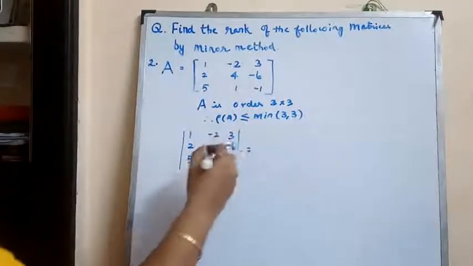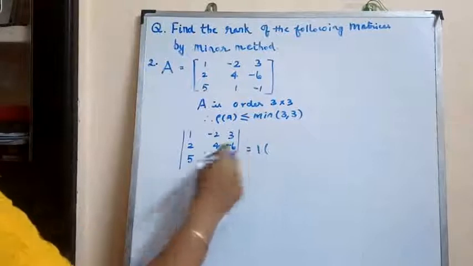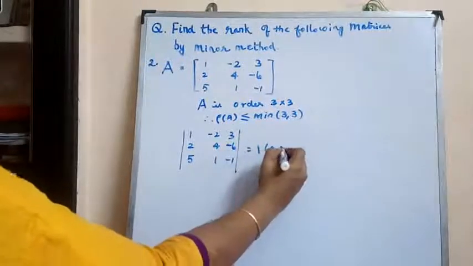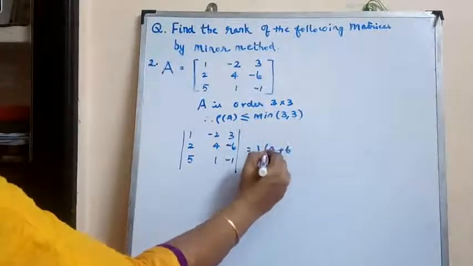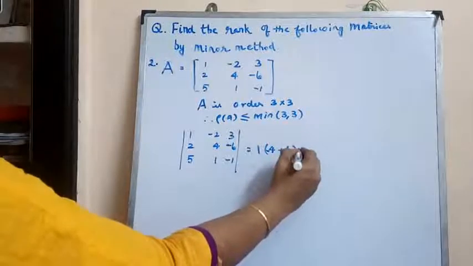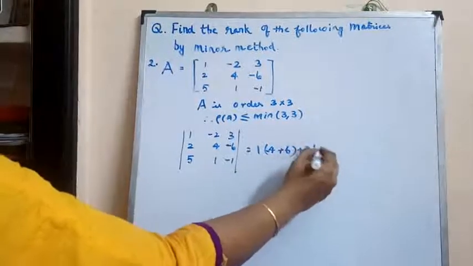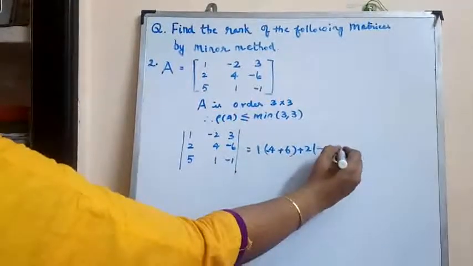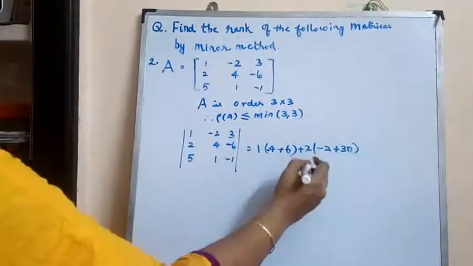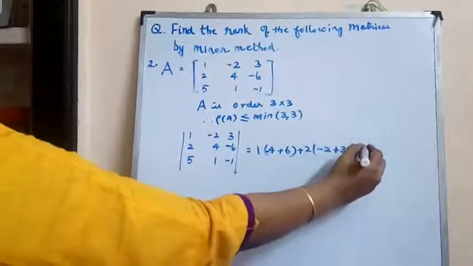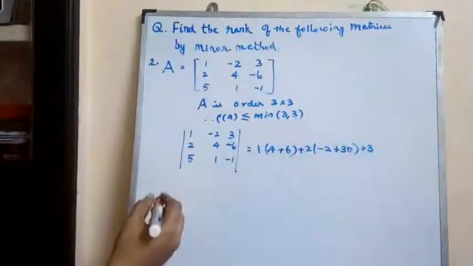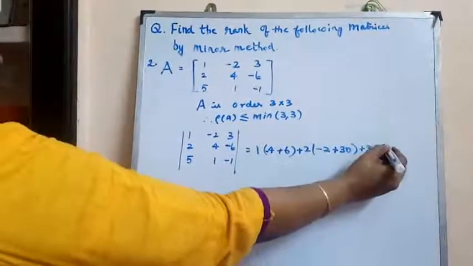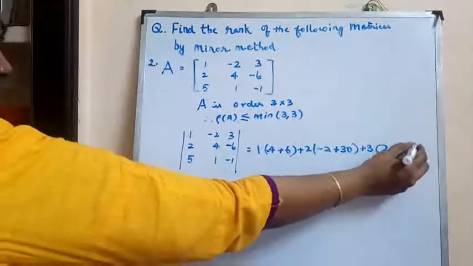So which is equal to 1 times (4 plus 6), minus 4 plus 6, plus 2 into minus 2 plus 30, plus 3 into 2 minus 20.